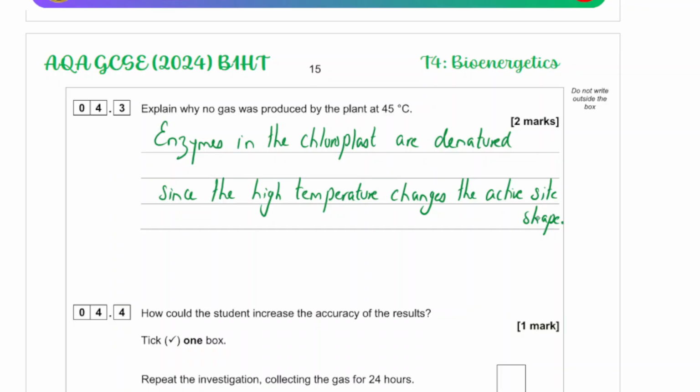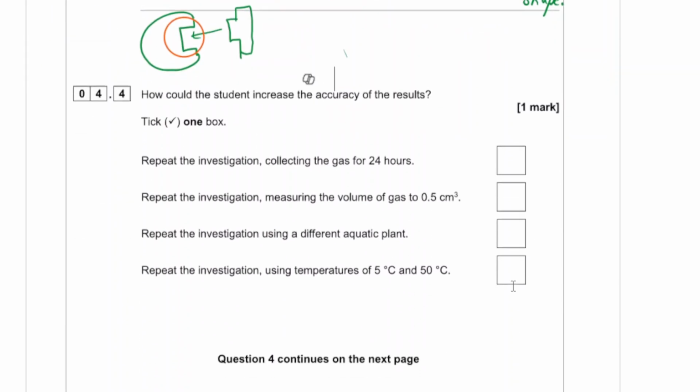If the active site shape changes, then the substrate can't fit into it. So if that's the enzyme and that's the active site, and this is your substrate, which should be fitting into this, they're complementary. If this active site shape changes, it's destroyed, then this substrate will not fit into there. That means the enzyme is not going to be working anymore effectively, or it won't work at all.